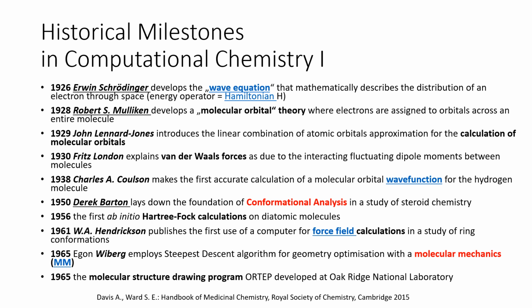Again, one year later, Fritz London explained van der Waals forces as due to the interacting fluctuating dipole moments between the molecules. The wave function was also employed in the first accurate calculation of molecular orbitals for the hydrogen molecule by Coulson.